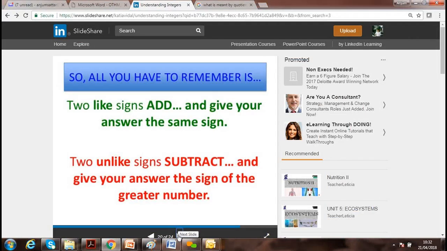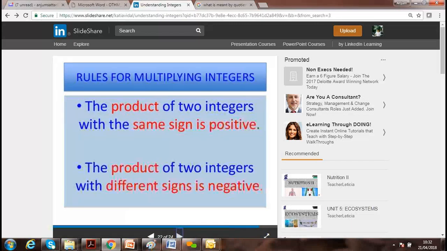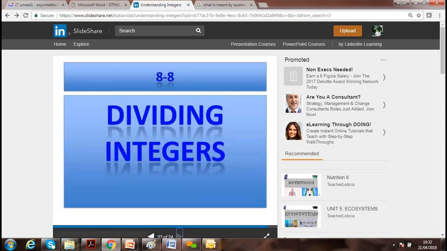Okay, all we have to remember is: for like signs, add and give your answer the same sign, yes. For unlike signs, subtract, and give your answer the sign of the greater number. Then multiply, the product of two, which we will go through.